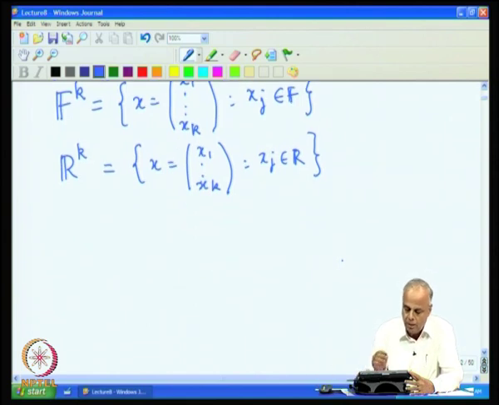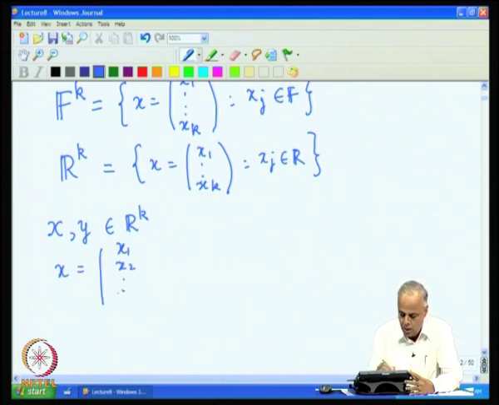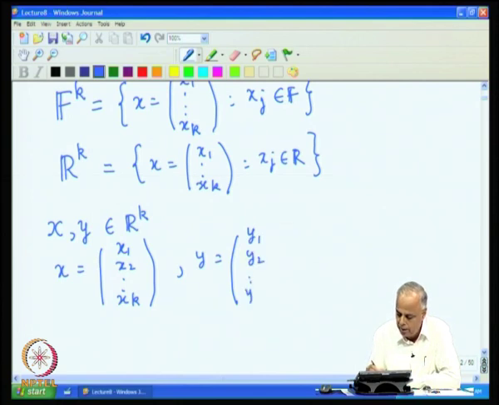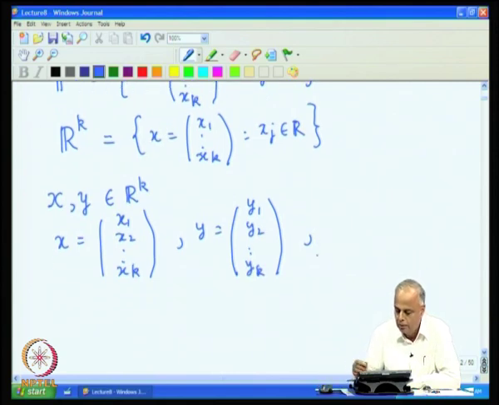Now, if we look at such matrices, let us take two such elements x and y in R^k. x will be x1, x2, up to xk, and y will be y1, y2, up to yk, and remember these xj and yj are all real numbers.